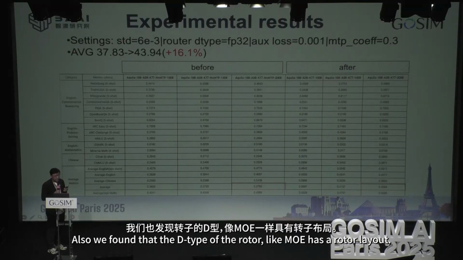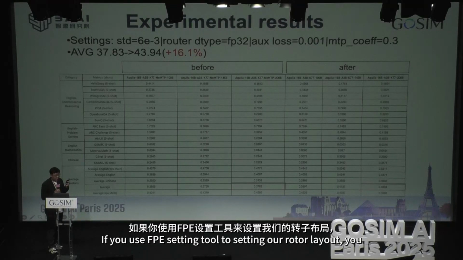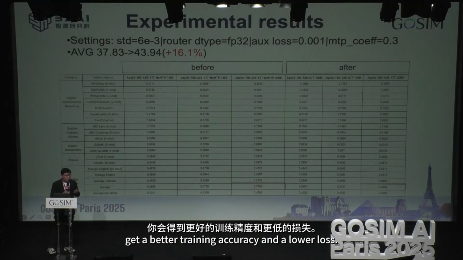Also, we found that for MoE, which has router layers, if you use FP32 for the router layer, it gets better training accuracy and lower loss.